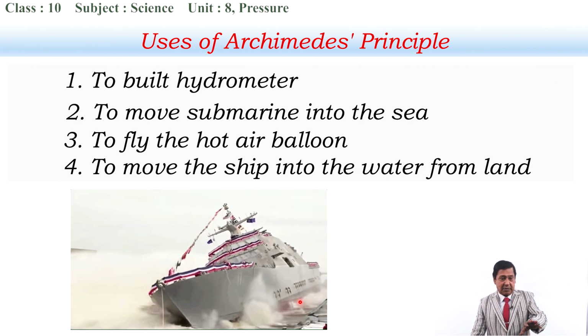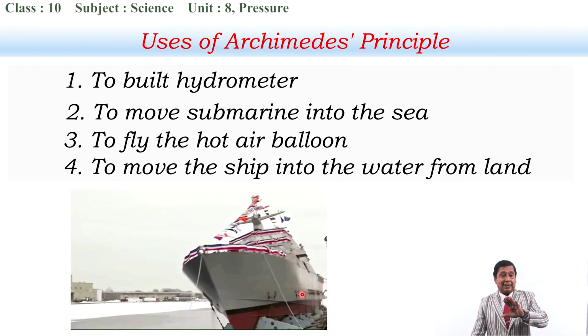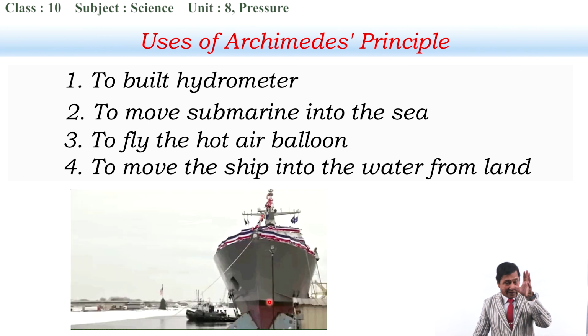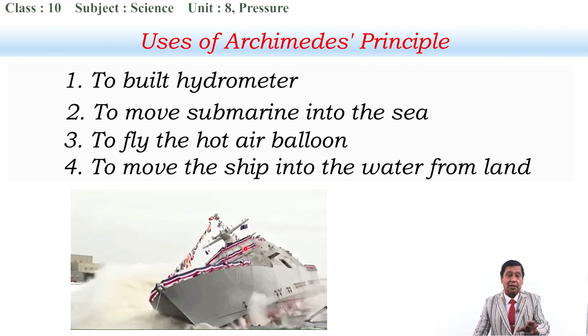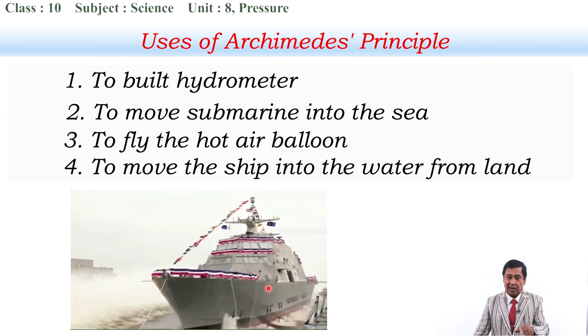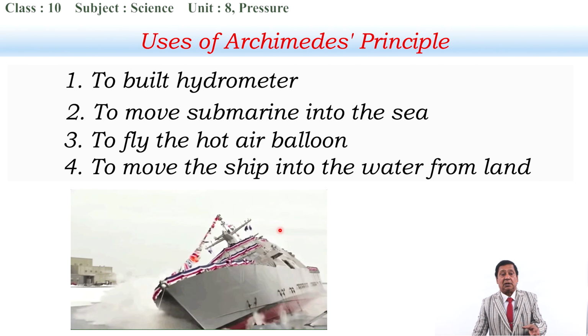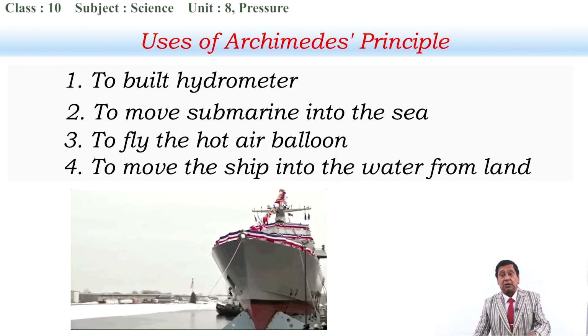But at the beginning it takes a little time to make it straight. It is made in such a way that when it emerges a little, it will be able to displace liquid equal to its own weight, and then only it can float. This way Archimedes' principle is applied when the ship is moved into the sea.